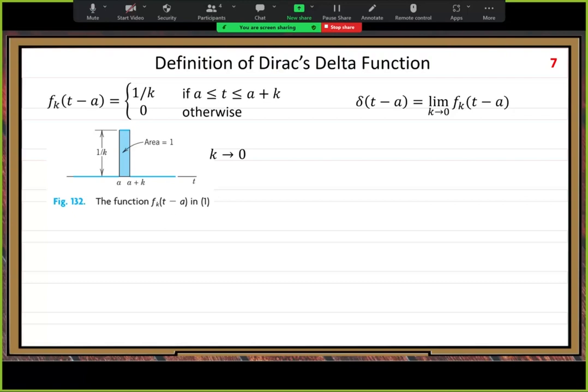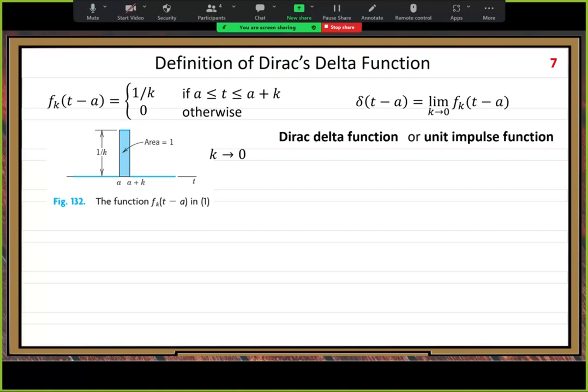All right. So it's called the Dirac delta function. Another name is unit impulse function. You can see the shape looks like an impulse, right?